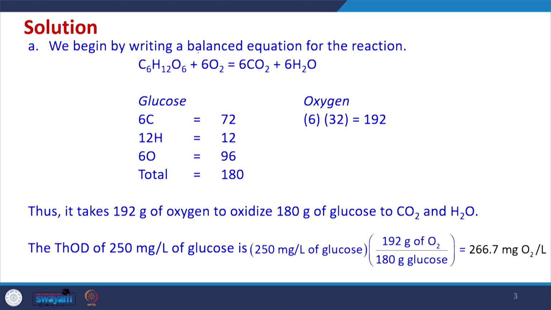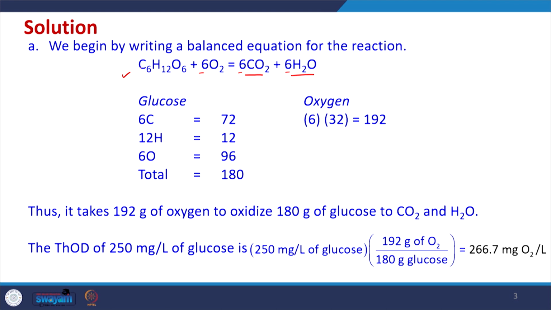First we write a balanced equation for the reaction. The glucose formula is C6H12O6 and it is converted into CO2 and H2O, and if we balance, there will be 6, 6, 6 as the coefficients. Now, for glucose, let us find its molecular weight.